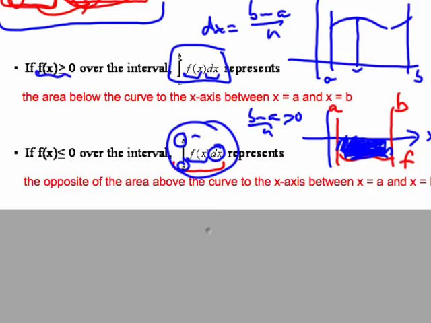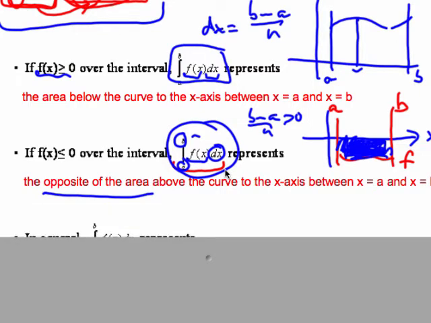And you say, well, what does that mean exactly? Area is always positive. So what we're actually going to get here is the opposite of what this blue area is. In general, if the function is below the x-axis and we do our definite integral, we get the opposite of the area between x equals a and x equals b.